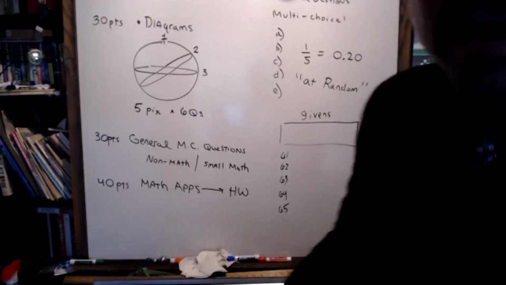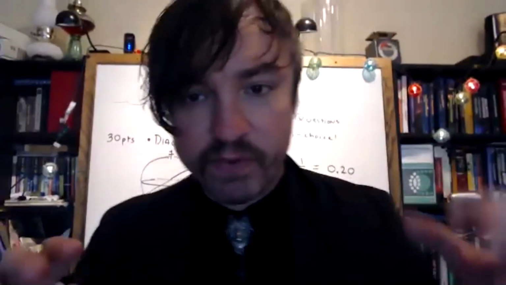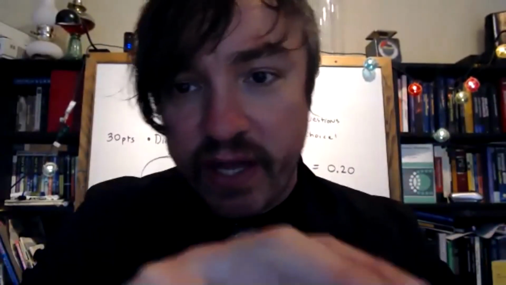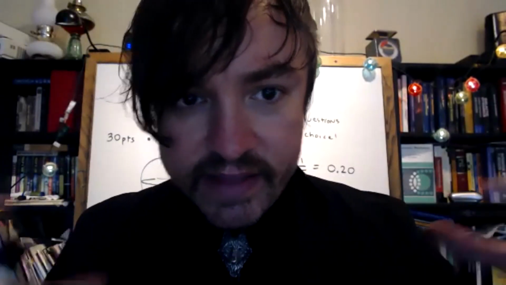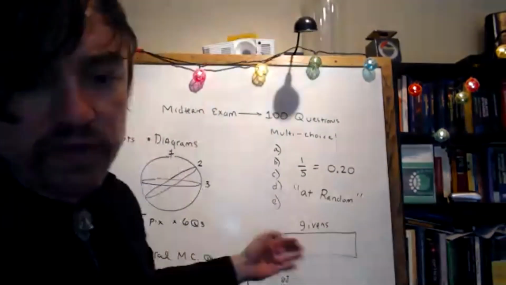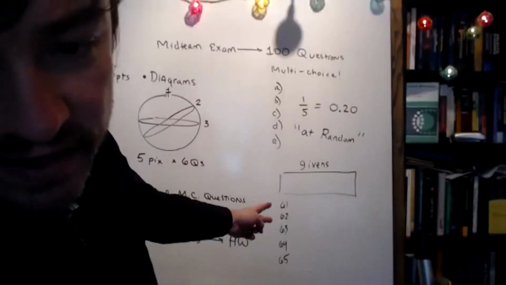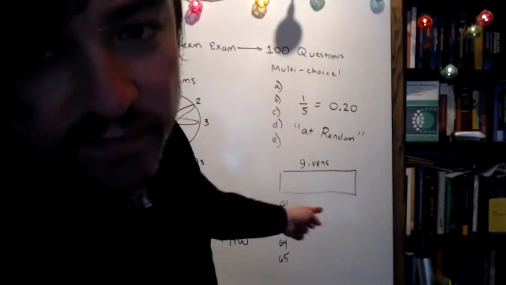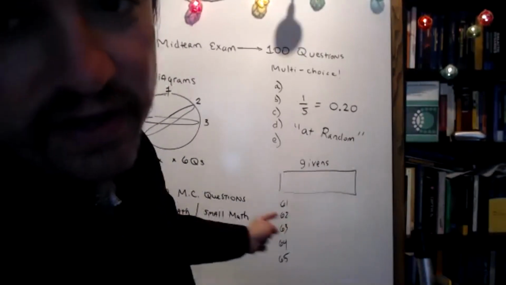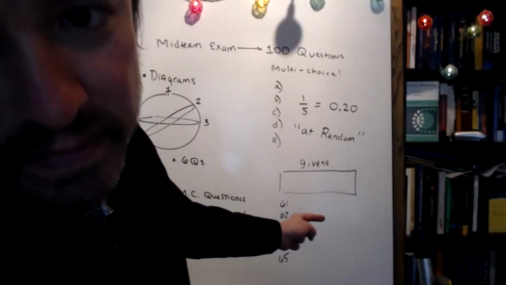Usually the way it will work, let's think about how one of our homework problems would work. I'd give you a problem, and you know how oftentimes you have to do unit conversions before you plug into the formula? It's going to have that feeling to it. So you guys will first, 61 and 62 might just be convert years to seconds, convert astronomical units to meters.